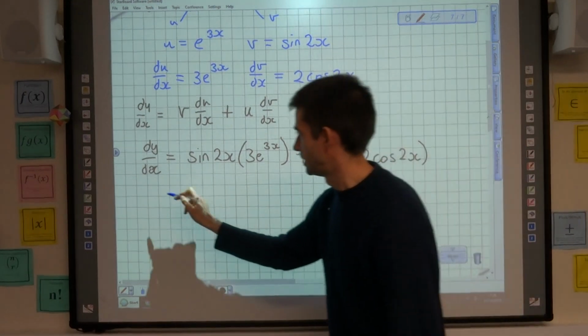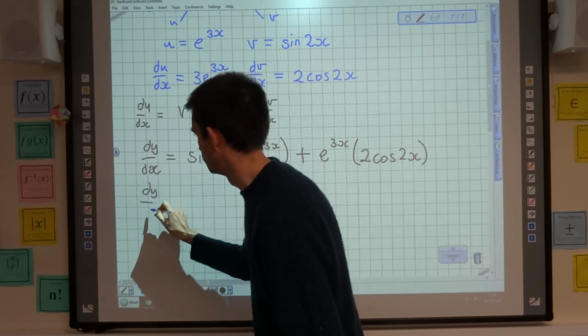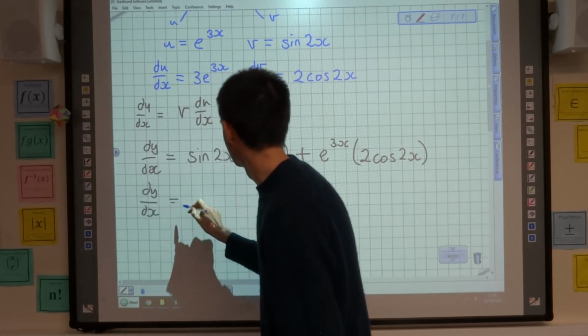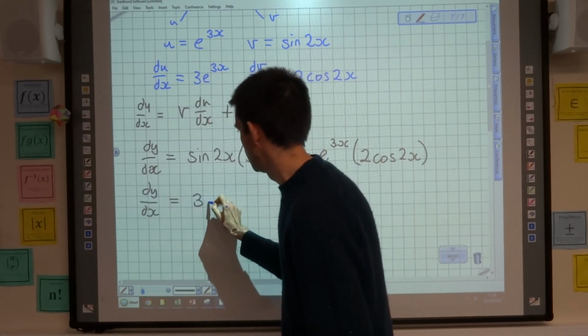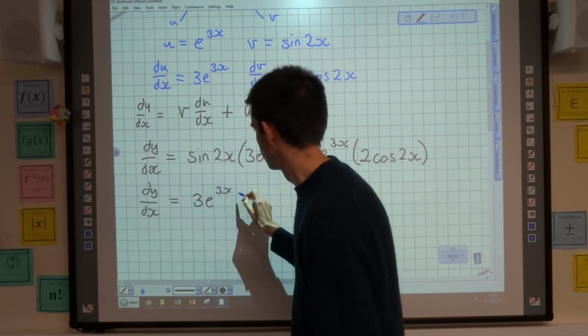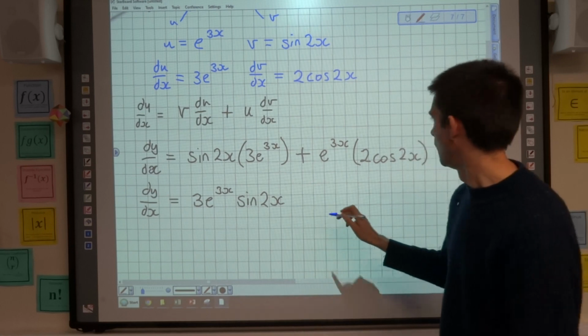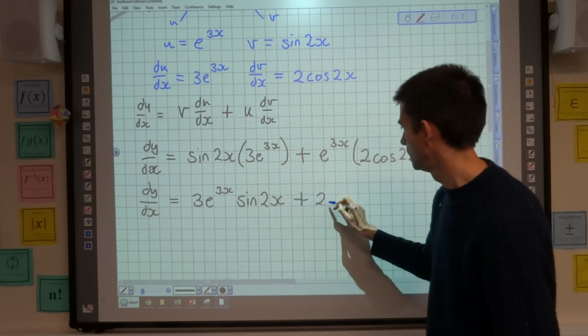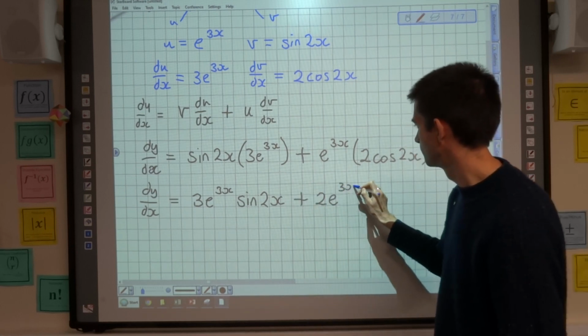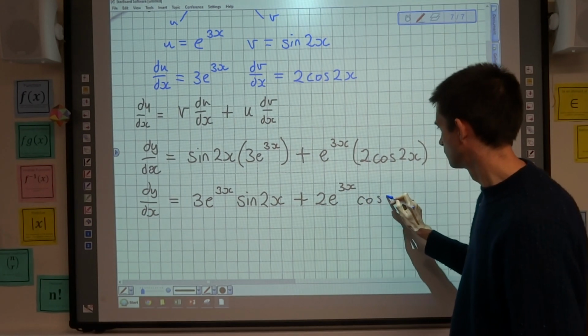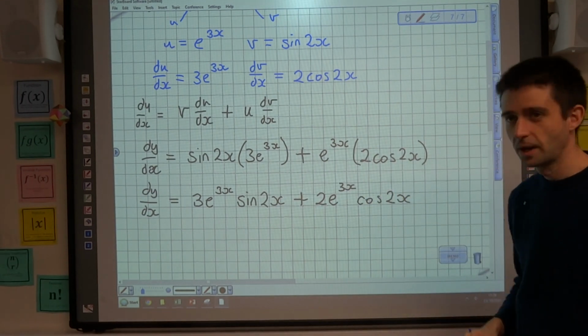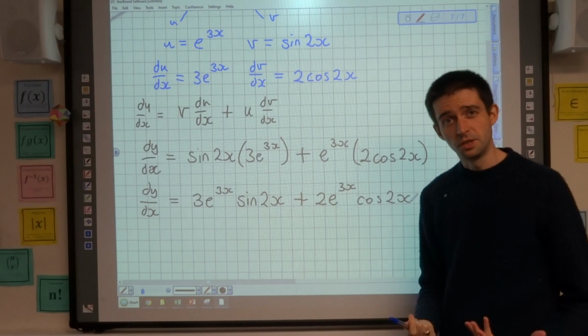Okay, so let's just tidy that up a little bit then. So my expression for dy dx is going to be 3 e to the 3x sine 2x plus 2 e to the 3x cos 2x. So that is my expression for dy dx.